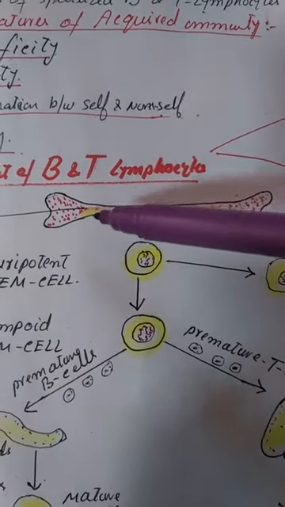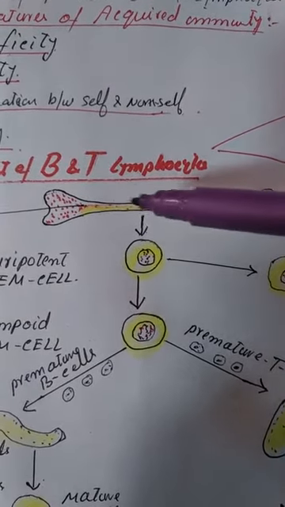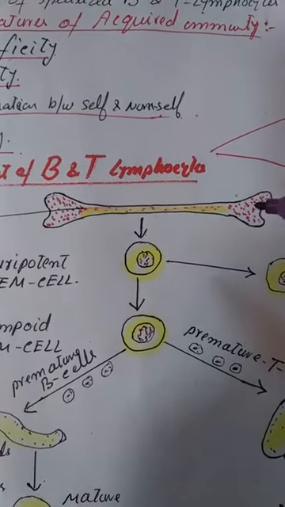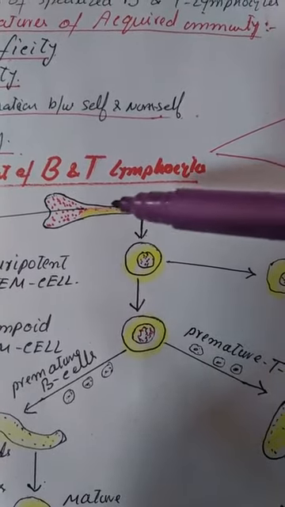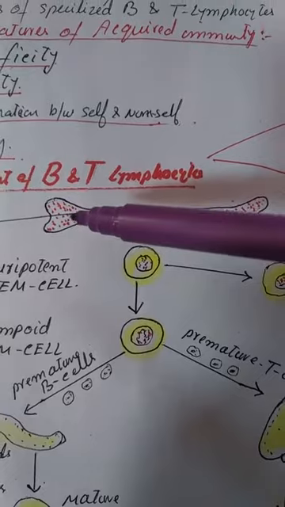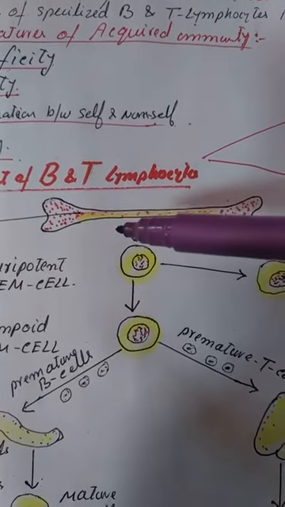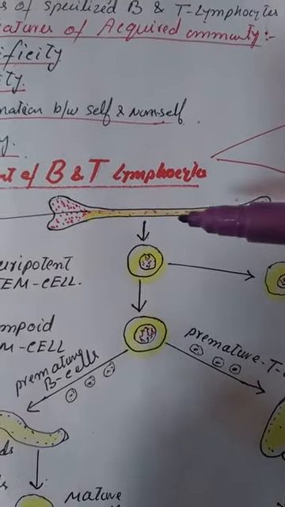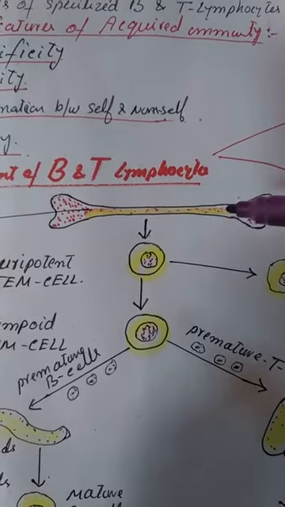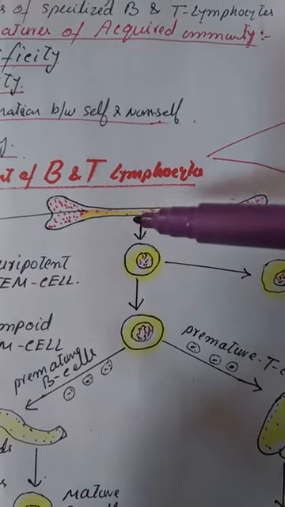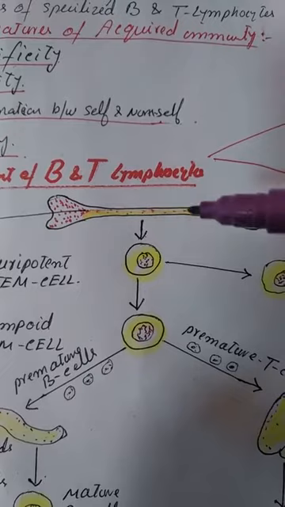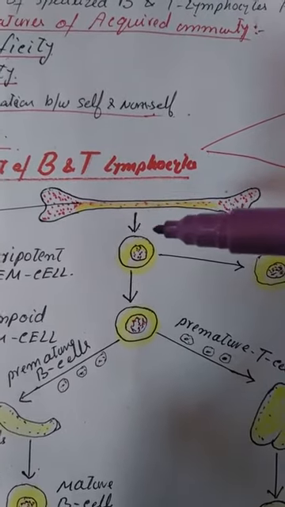This is a long bone which contains the bone marrow. The bone marrow is basically of two types: the red bone marrow at the ends and the yellow bone marrow. This bone marrow is the hemopoietic organ, that means where the development of blood cells takes place.